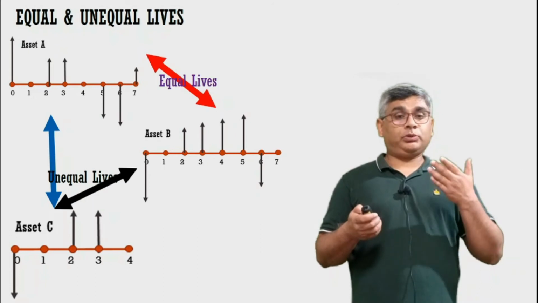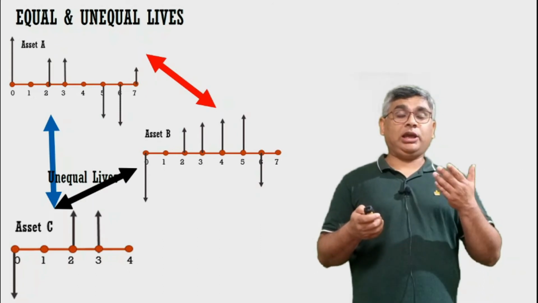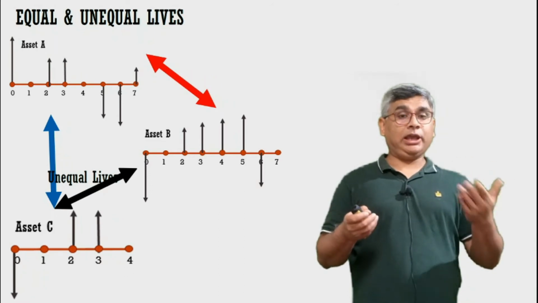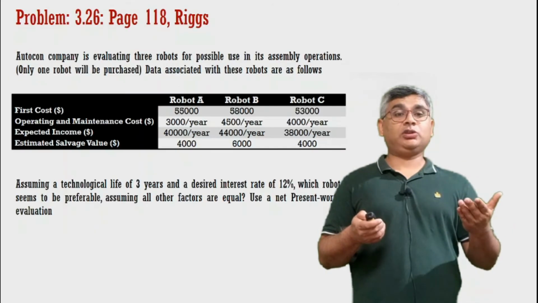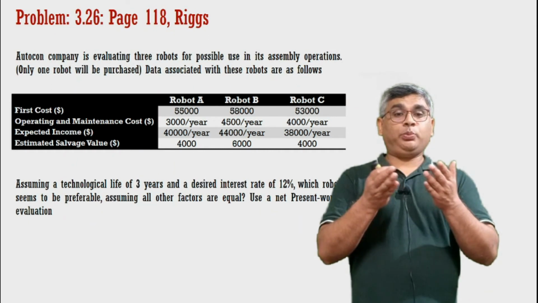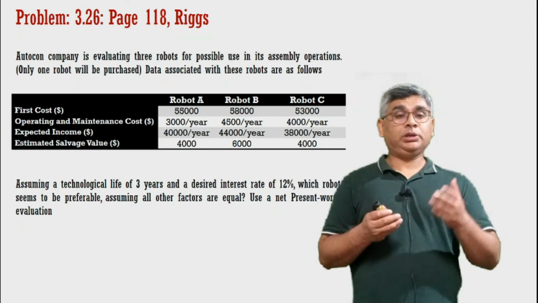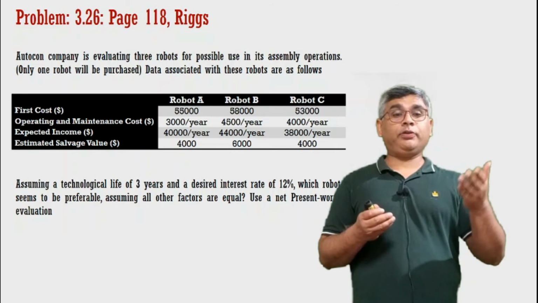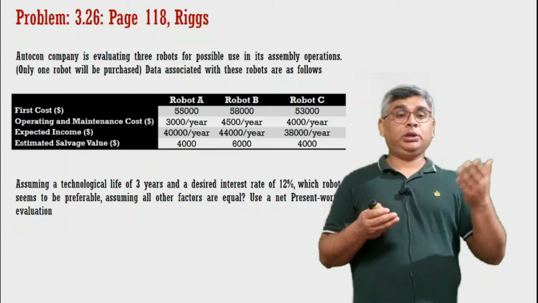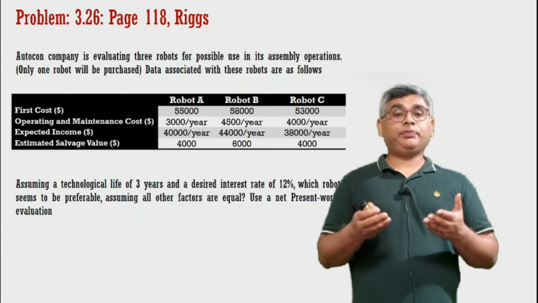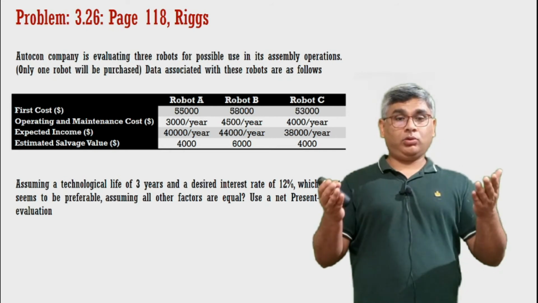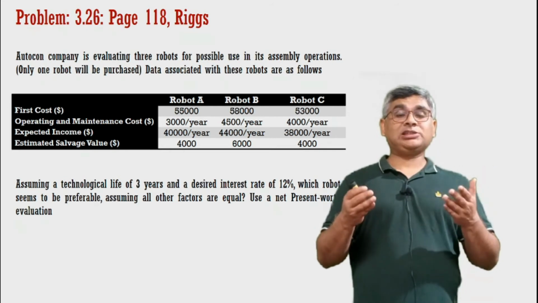So just to explain how the calculations for the present worth method are taken up, let us discuss one problem. The problem is that we have 3 robots, and for each robot the different first cost, that is the initial investment, the operating and maintenance cost per year, the expected income from each alternative, and the estimated salvage value.